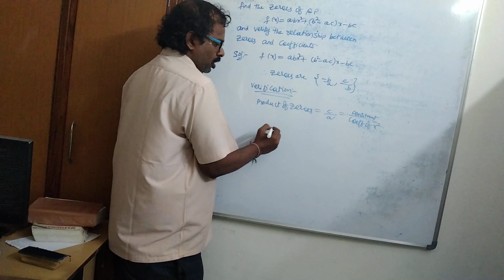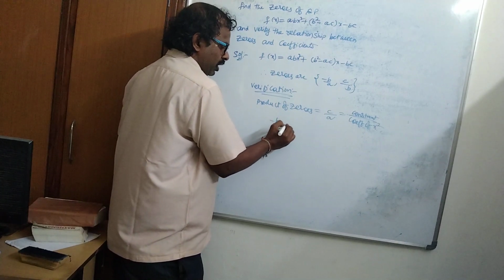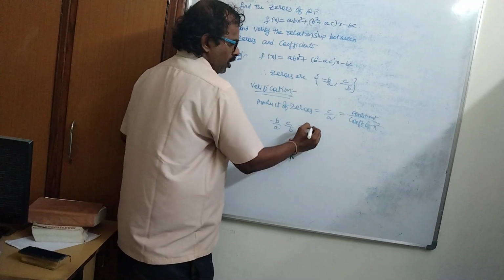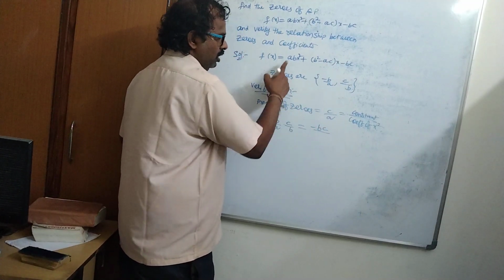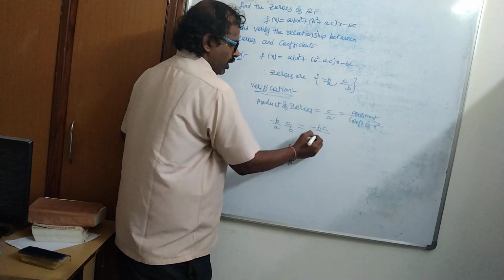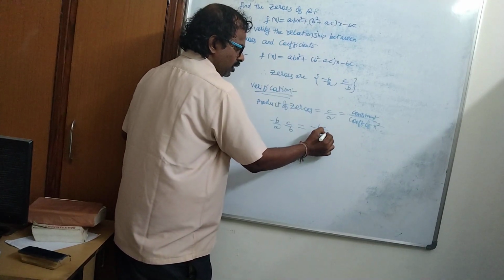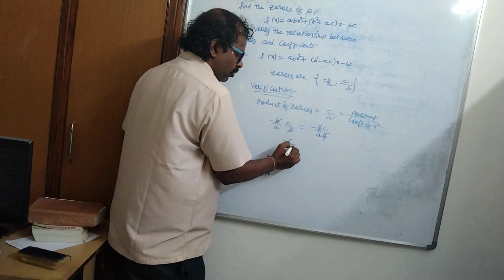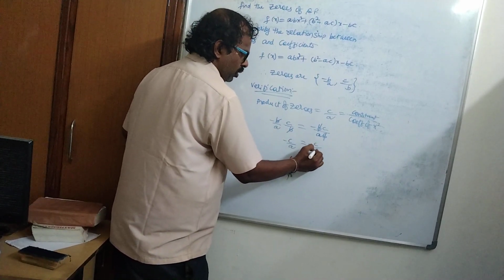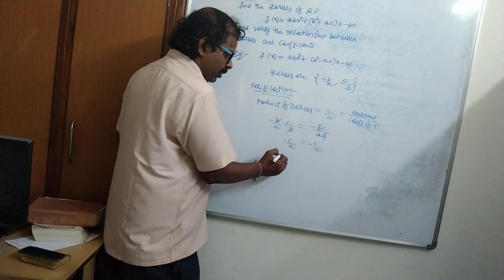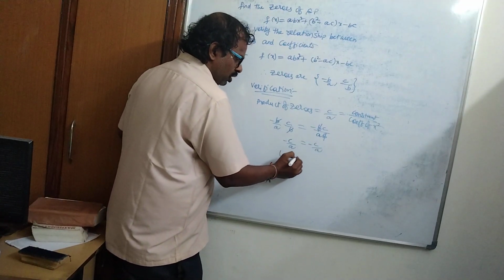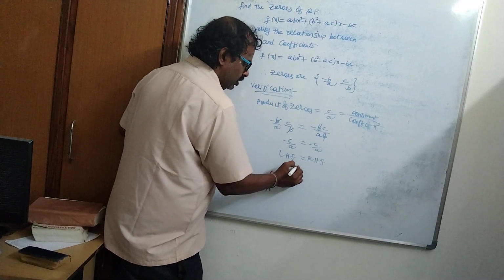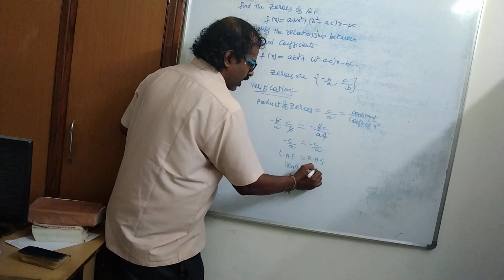Now multiply the zeros, minus b by a into c by b. Here the constant is minus bc by the coefficient of x square, so it is ab. b and b cancel, and here b and b cancel. Minus c by a is equal to minus c by a. Therefore LHS is equal to RHS, hence verified.